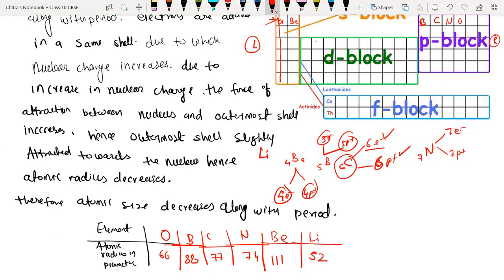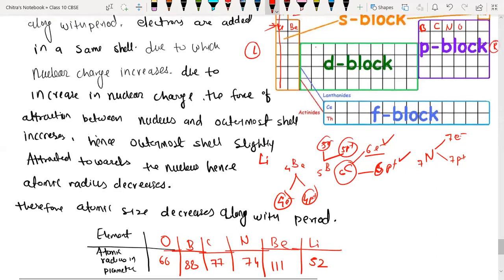Okay, so I'm arranging them in order. In the second period we have first element lithium, with atomic radius 152, not 52. Then beryllium, which is 111.